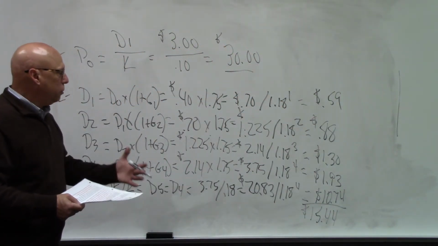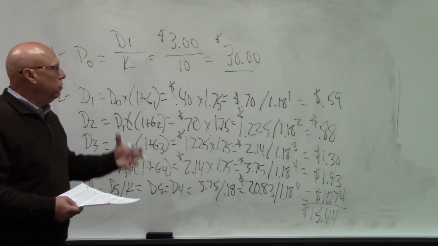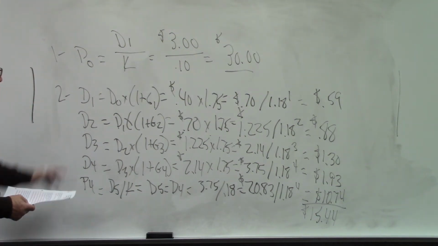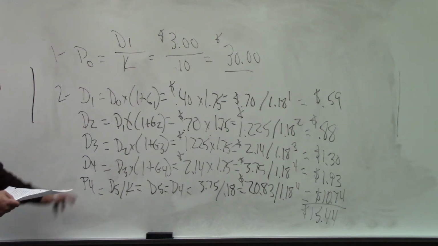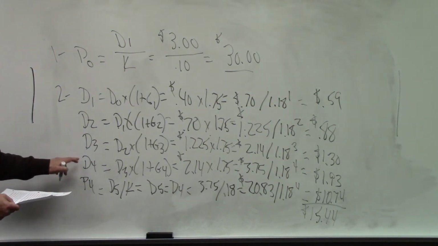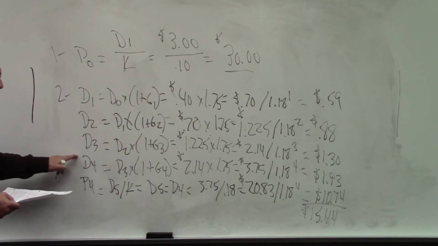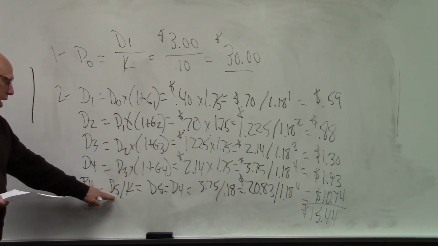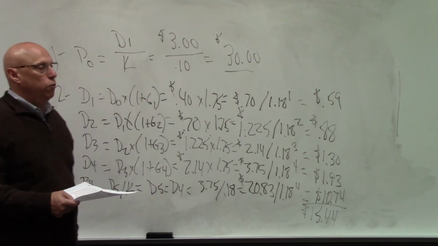The fair price to pay for the stock is the present value of expected future cash flows. What are the future cash flows? D1, D2, D3, D4, and P4. Sell the stock in the last year of fast growth. It goes from 75% a year to 0 growth. So for the last year of fast growth, D4, you have to find P4. P4 is D5, but since there's no growth, D5 is the same as D4.